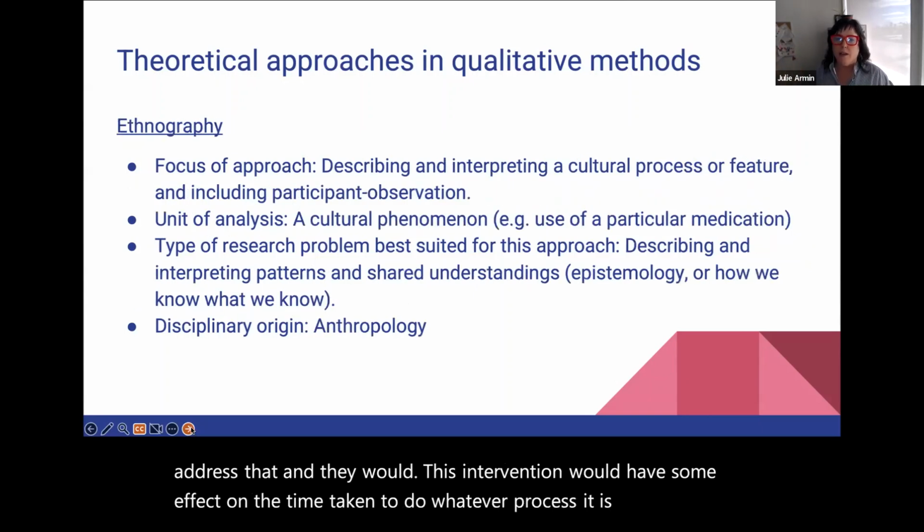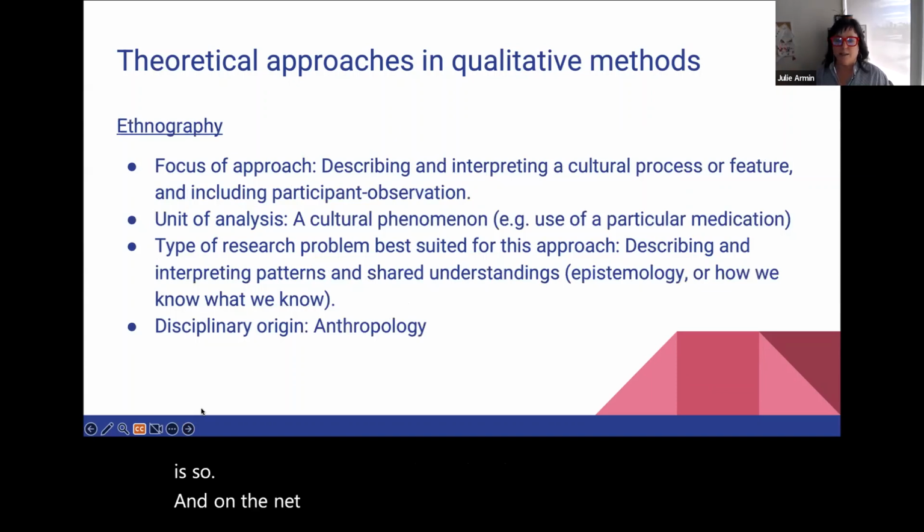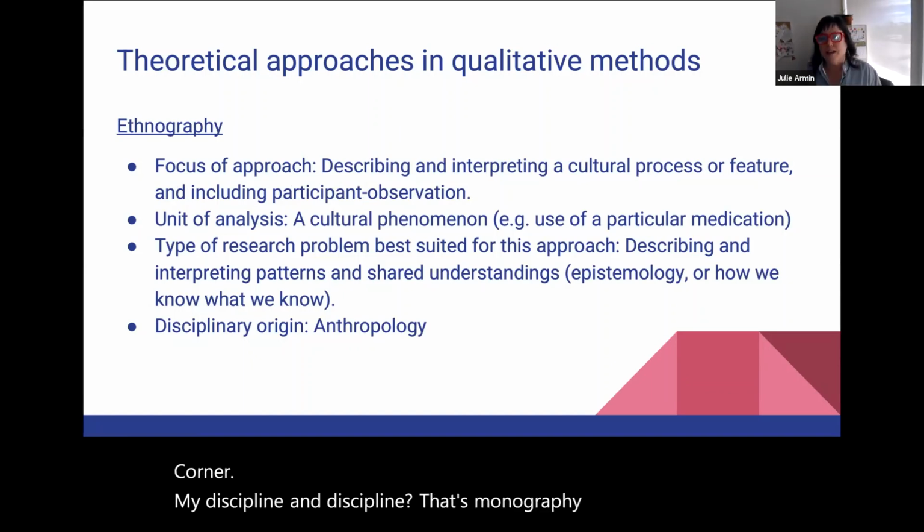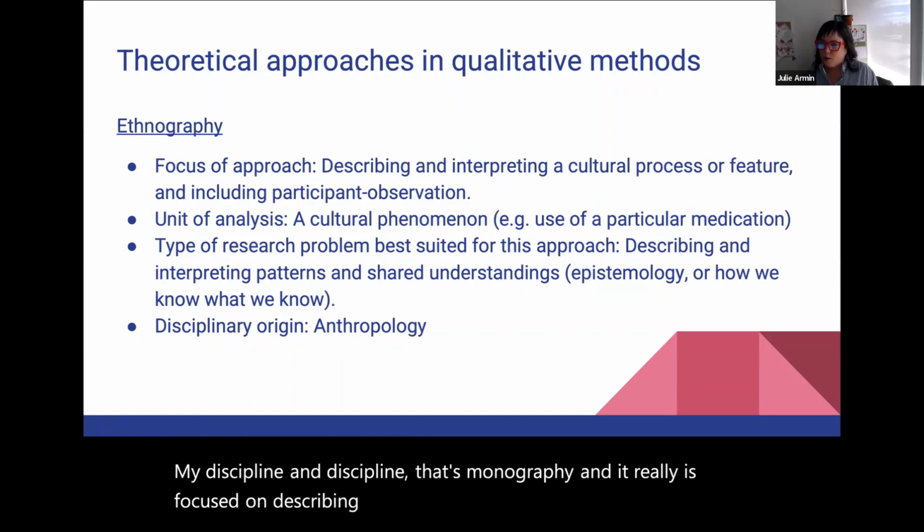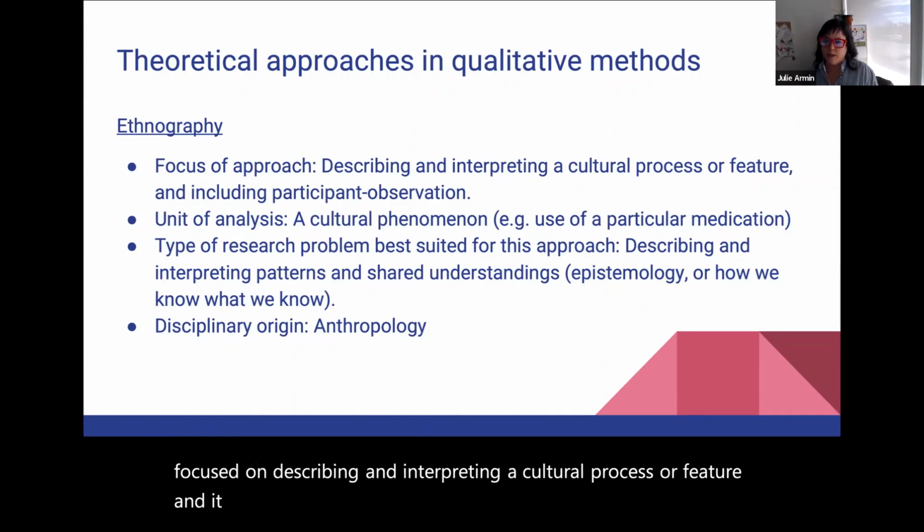And on the next slide, this is the cornerstone of my discipline and Austin's discipline. This is ethnography, and it really is focused on describing and interpreting a cultural process or feature, and it includes participant observation.